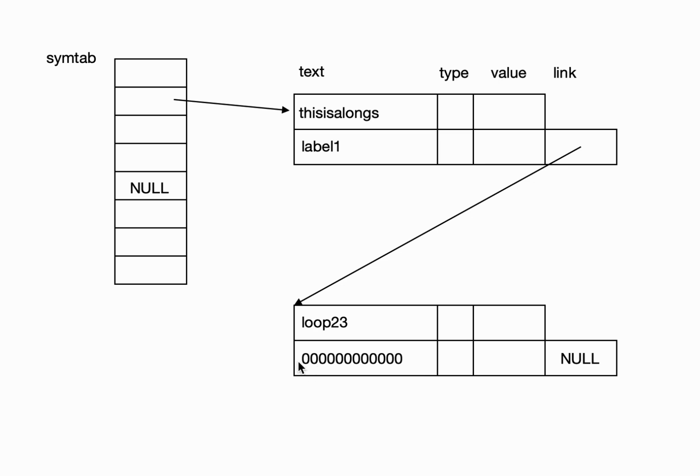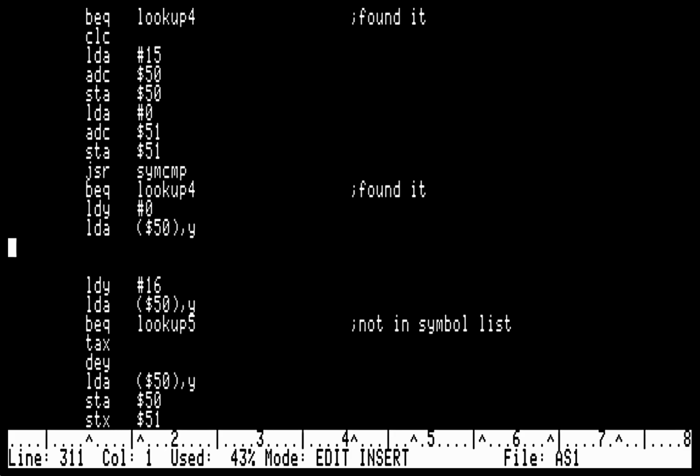If that first byte is 0, this is an available space. So if that's 0, we'll go to lookup 3. So we have an available entry in one of our blocks.